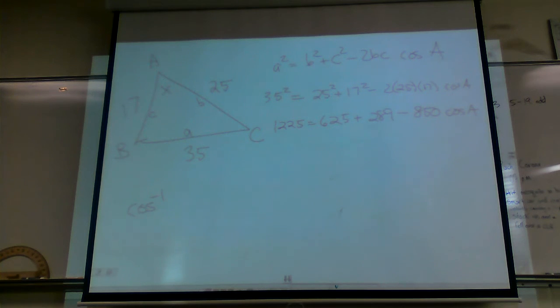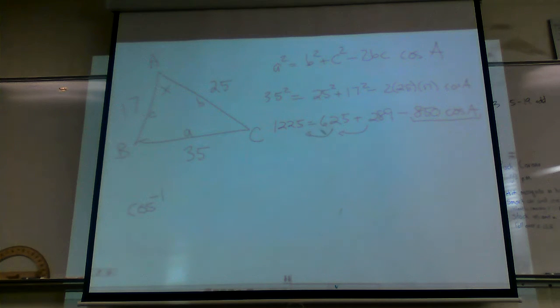But what actually happens, you got to remember, 850 and the cosine A, this whole thing is multiplied together. So the only thing I can really do in terms of adding and subtracting is I can subtract that to the other side, and that to the other side. Okay? Because that would be how I move it. So if I did 1225 minus 625 and minus 289, that would move those both to the other side.